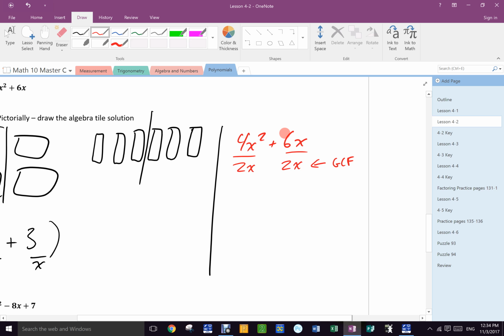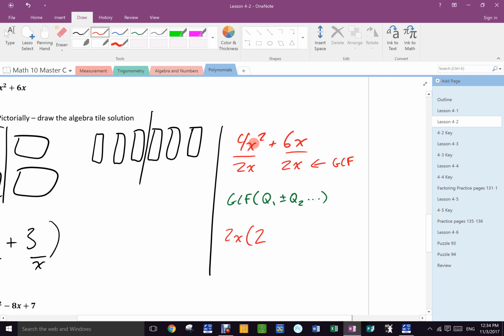Now, what do I do? I write it out in this form. GCF bracket quotient 1 plus or minus quotient 2, and I just go on till I've covered them all. So what was my GCF? 2x. What was my first quotient? What's 4 divided by 2? 2. What's x squared divided by x?